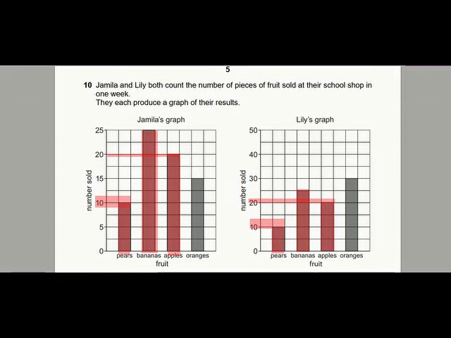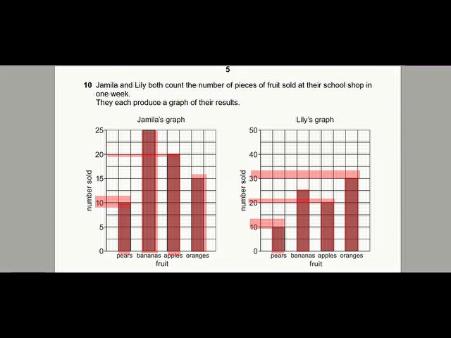But we have to make a careful comparison because these bars are the same height. At first sight, they are the same height. And in fact, they are the same height. But this graph is given with different units.